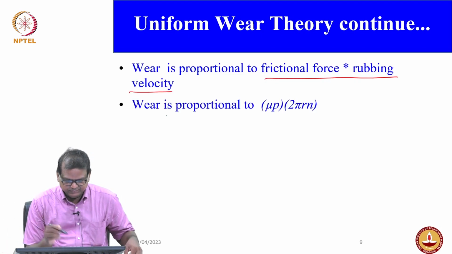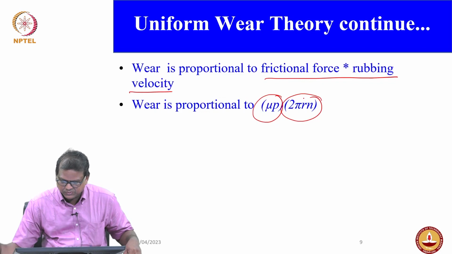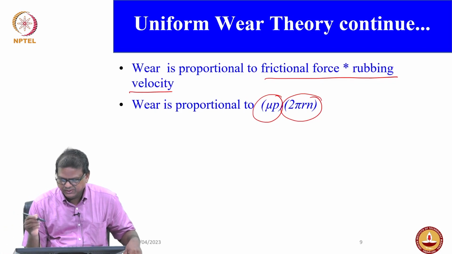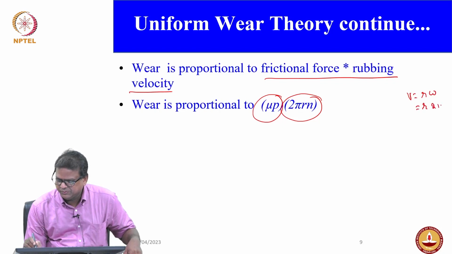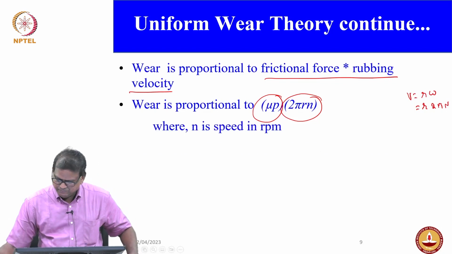This is your frictional force, this is your rubbing velocity. Usually we say sliding velocity V equals R omega, so you can have R times 2 pi n, where you can take n as RPM or RPS, either way is fine.